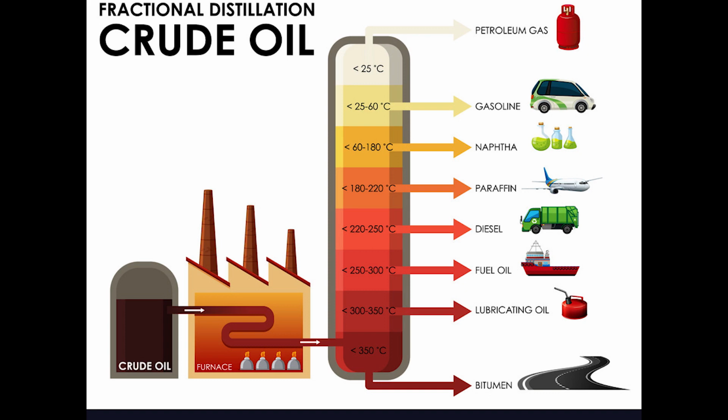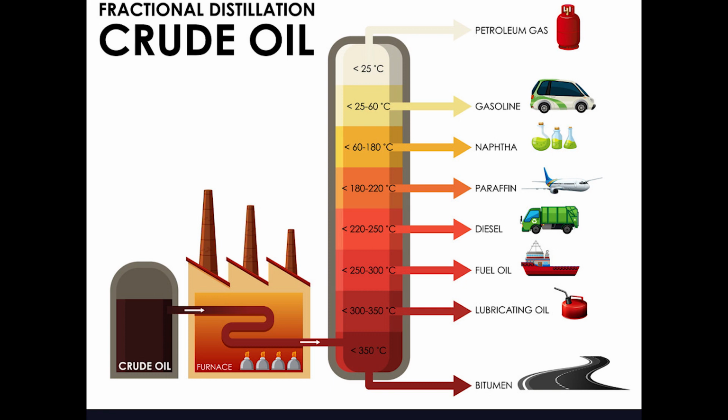Next, we have diesel, which boils out at 220 to 250 degrees centigrade, which helps us run large automobiles like trucks and buses. At 250 to 300 degrees Celsius, we have fuel oil, which runs our large ships and vessels.